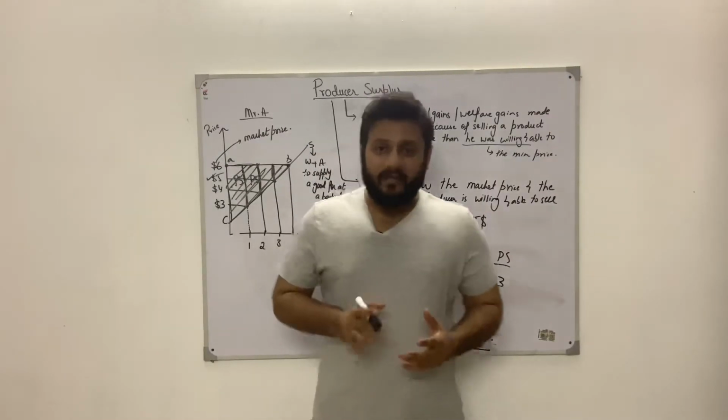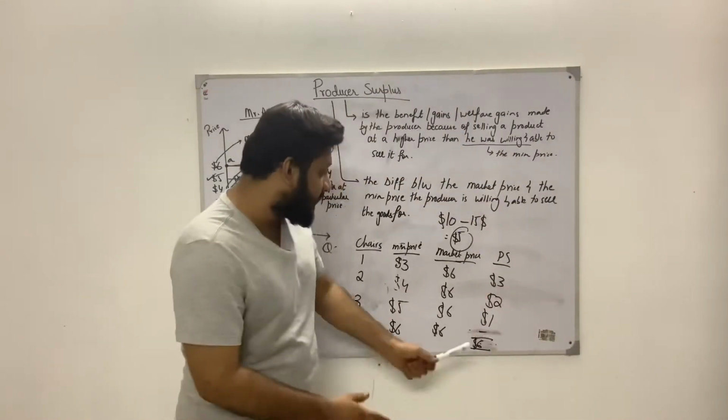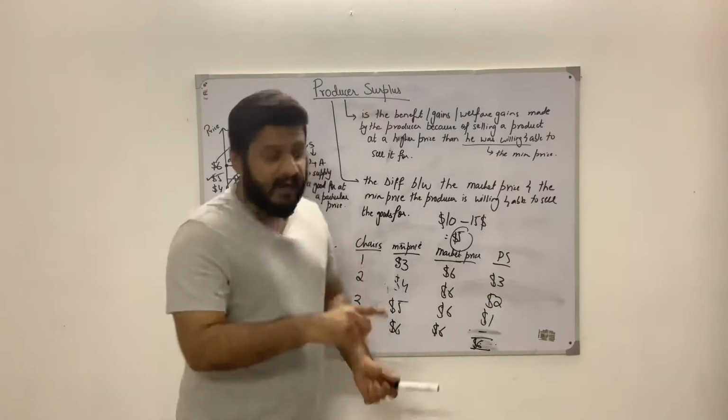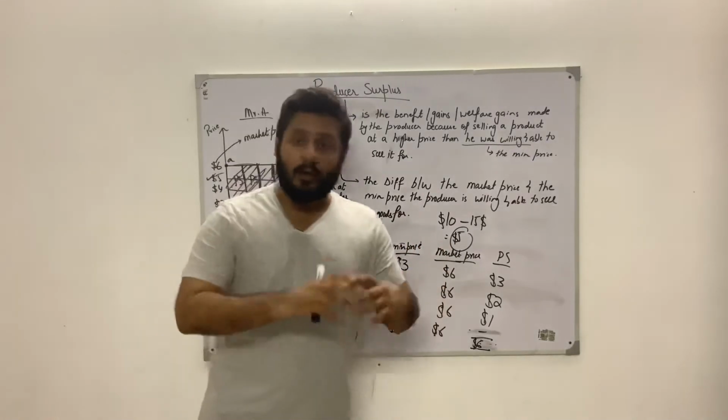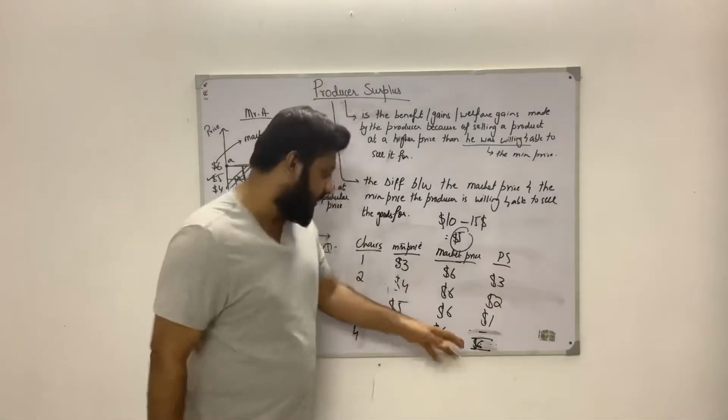So basically you can see that I have made a total producer surplus of $6 by selling a total of 4 chairs. So I sold 4 chairs and I made a total producer welfare gain of $6.